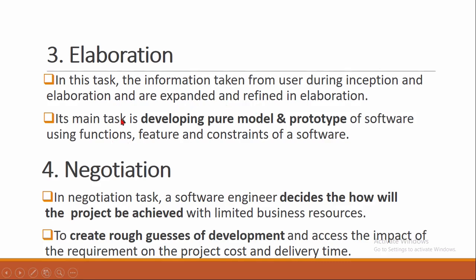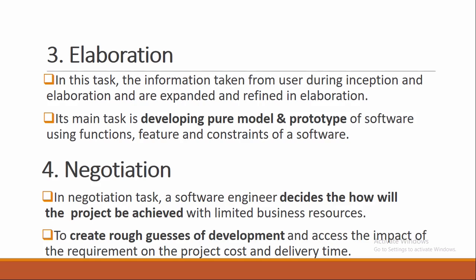The main task of elaboration is developing a model and prototype of the software or system using some functions, features and constraints. So elaboration helps us to understand how the system will work internally and externally, because in this task we develop models and prototypes using system functions and some constraints. So this stage converts unclear requirements into a well structured form.